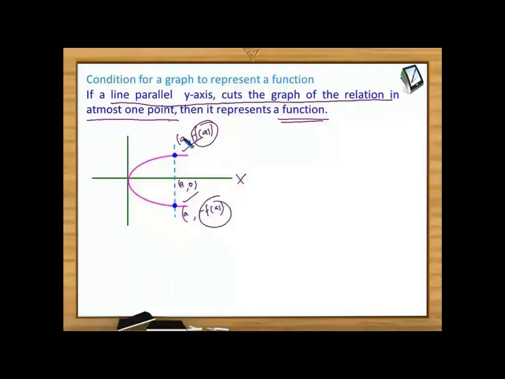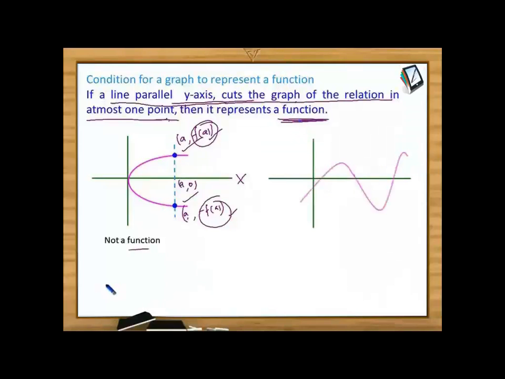So a, which is in the first set, is mapped to two different elements in the second set. Then can I call this relation a function? No, right? So that's why if a line parallel to y-axis cuts the graph in at most one point, then only the graph represents a function, right?